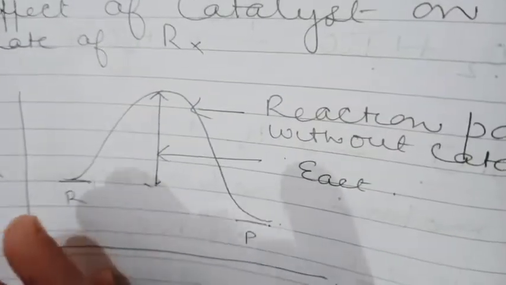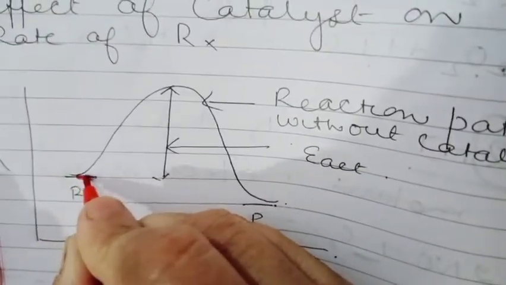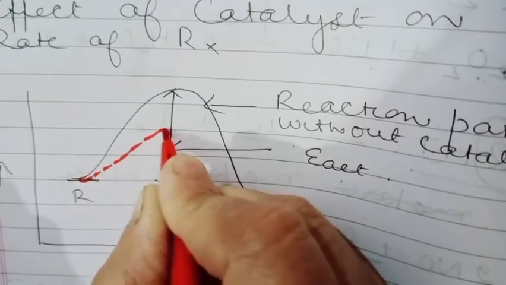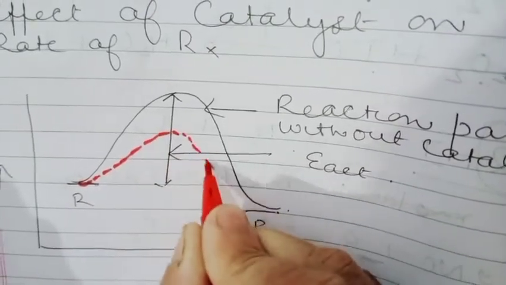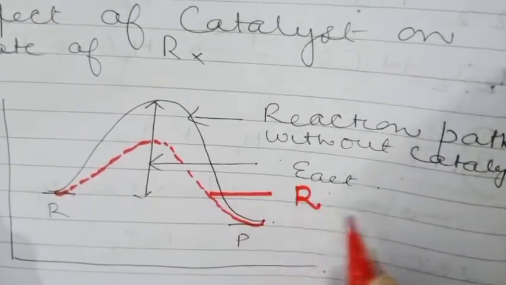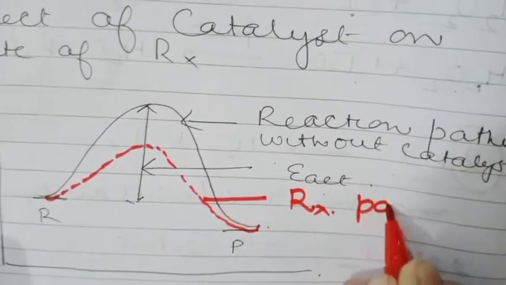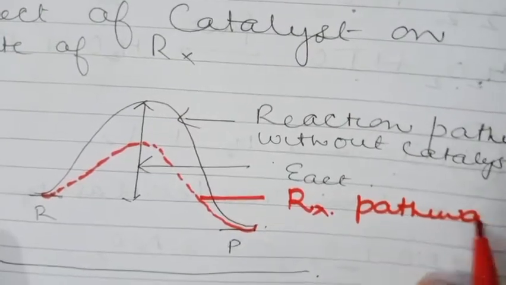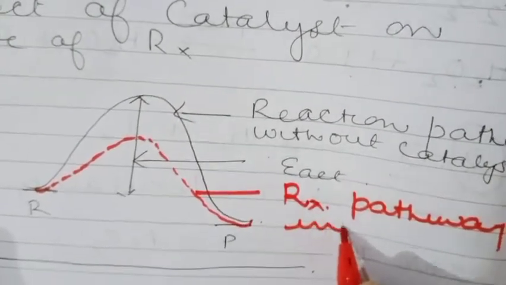But when catalyst is used, at that time the reaction pathway becomes different. You can see here the red line curve shows the reaction pathway in presence of catalyst.